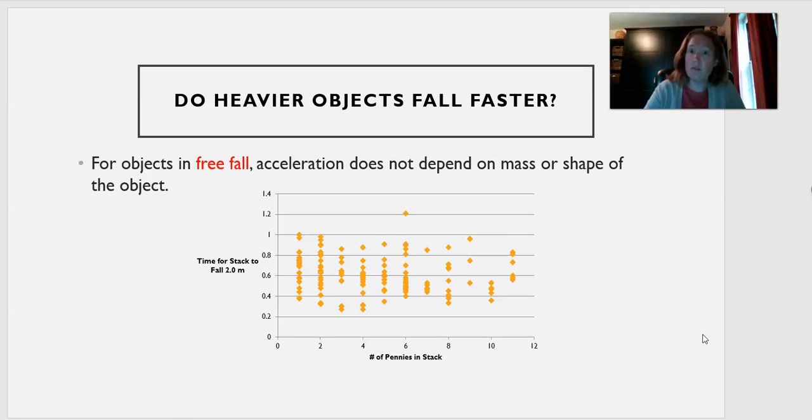So that's part of the explanation for why we don't see a difference. Once we talk about terminal velocity, you'll understand more behind this story.